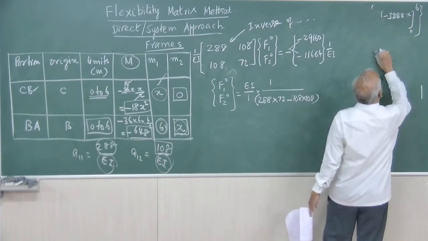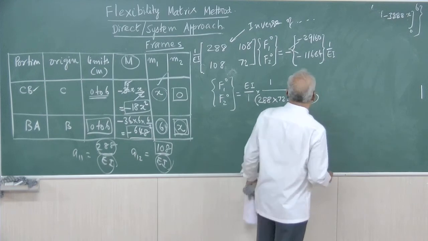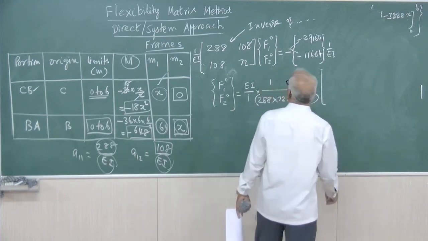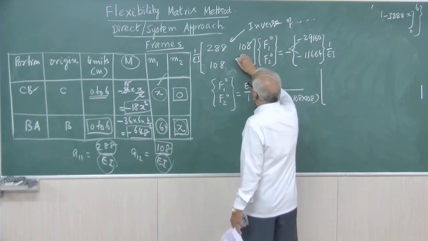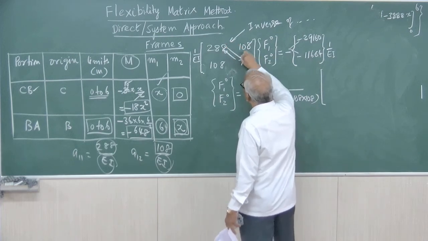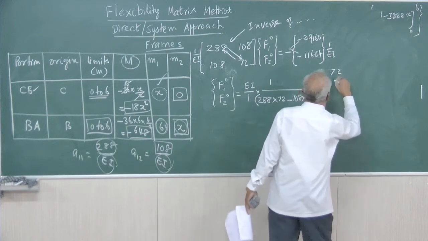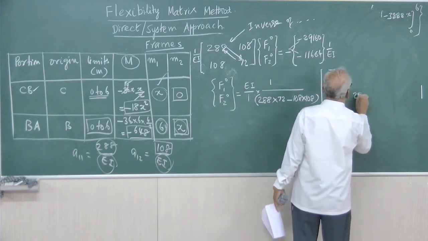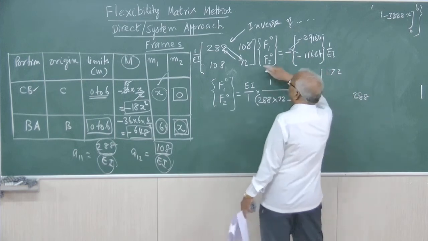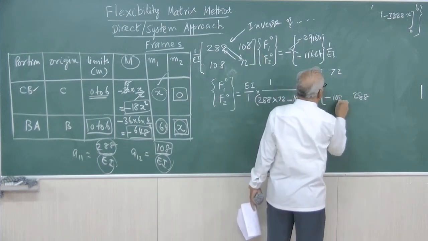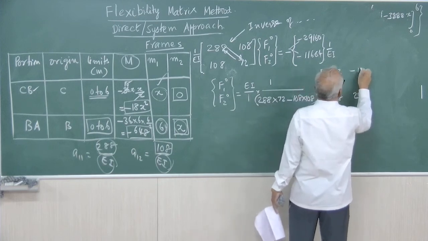So the inverse of that will be 1 by determinant into the adjoint. Adjoint will be 72 will go here, 288 will come here. So this is 72, this is 288, and these two signs will be changed. This is minus 108, this is also minus 108.